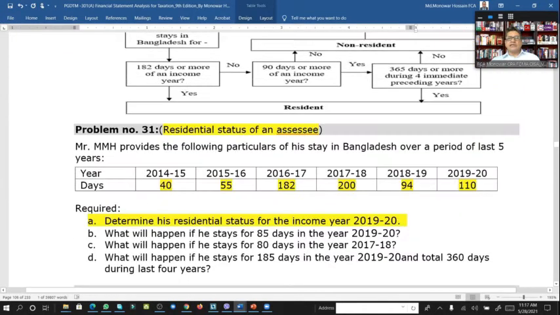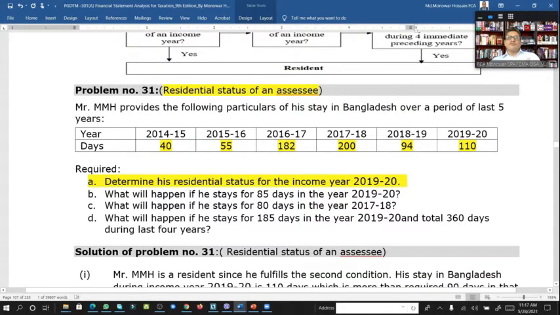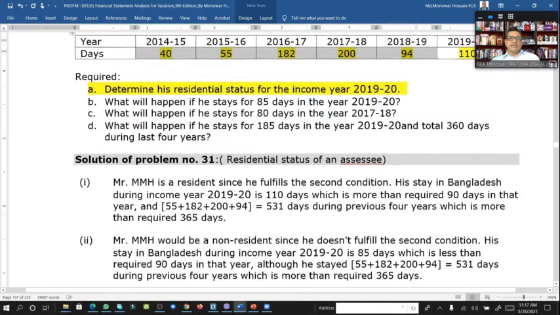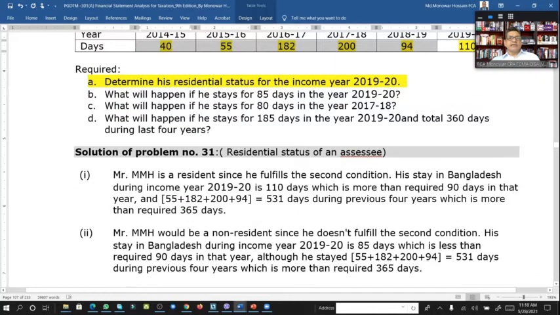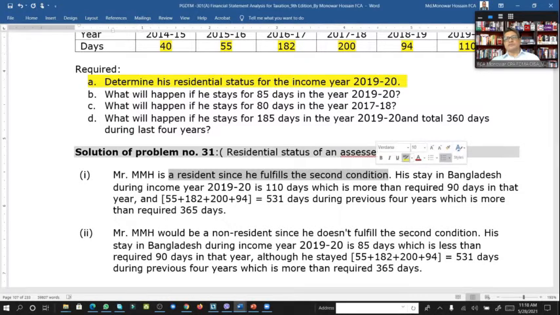So here the person has the number of days stayed in the country for the other 4 years. If we calculate this, look here, he is a resident since he fulfills the second condition.